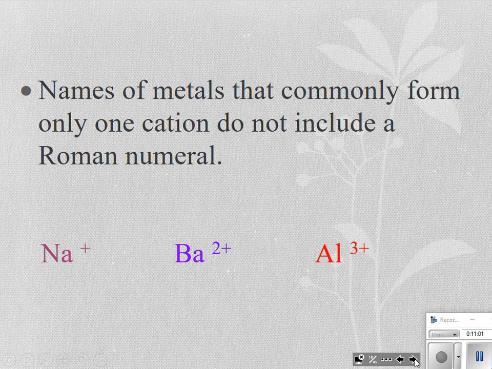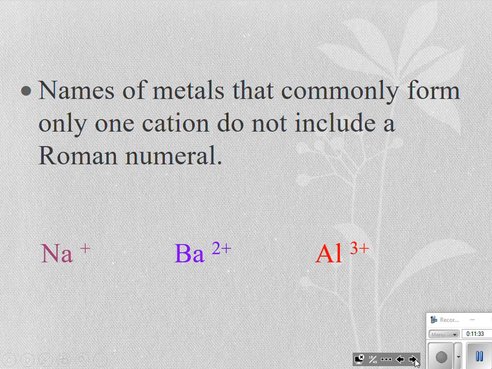What is IV? 4. Good. Well, let's look at some other ones. Look at tungsten down there, element number 74. How many different possible ions could tungsten have? You have +2, +3, +4, +5, +6, all of those. So you would need to have Roman numerals for those.